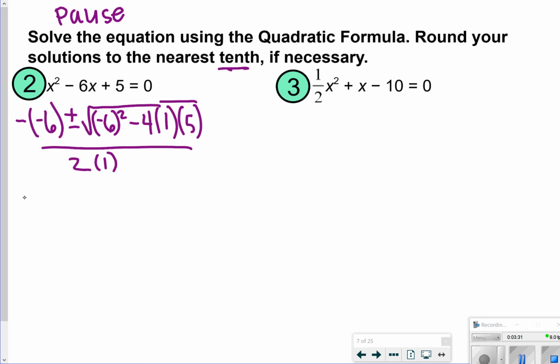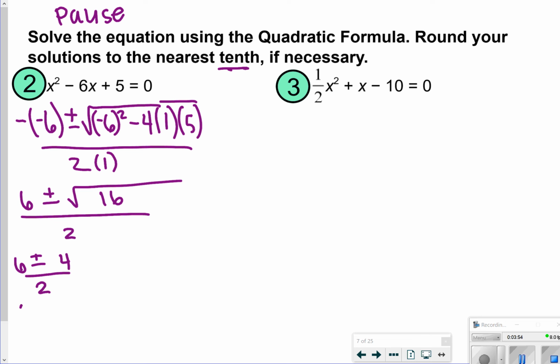So negative 6 should be 6 plus or minus, and then we have 6 squared, which is 36, and then we have minus 4 times 1 times 5, which is going to give us 20, and then 36 minus 20 is going to give us 16, all over 2. So we have 6 plus or minus, the square root of 16 is 4 over 2, which means we'll have 6 plus 4 over 2, which is 10 over 2, and then we have 6 minus 4 over 2, which is 1.